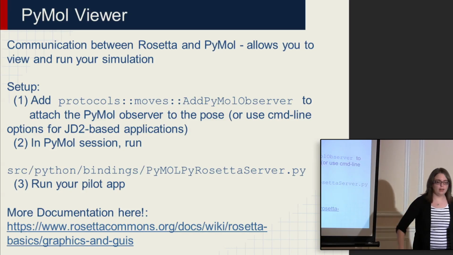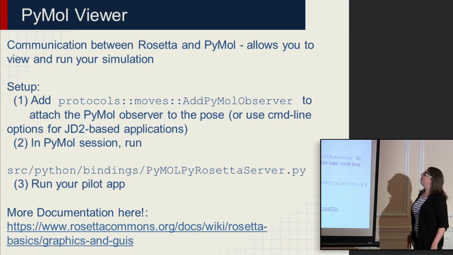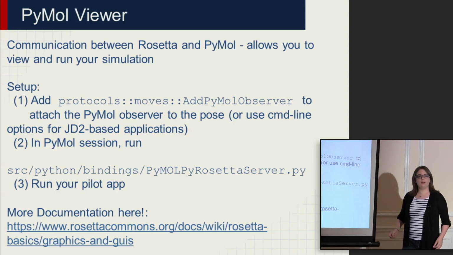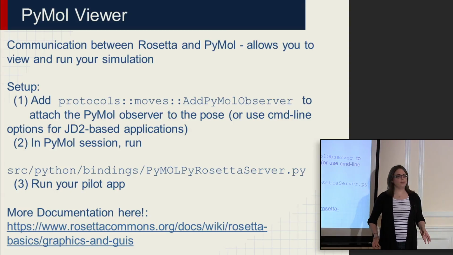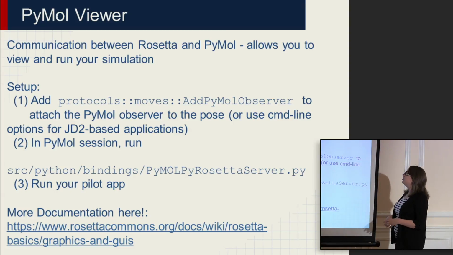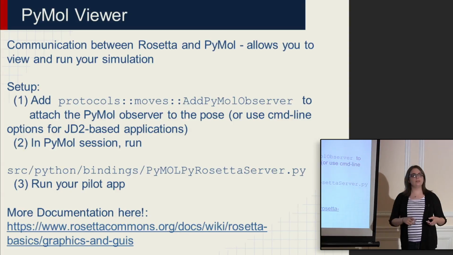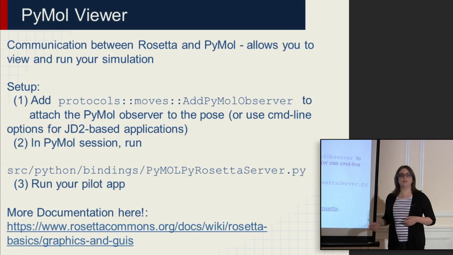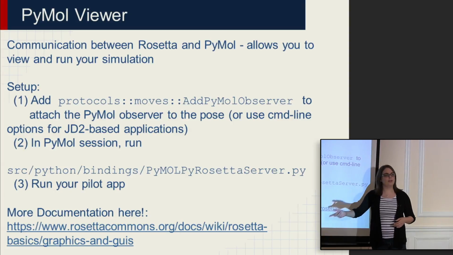And then finally, the thing that you'll be working with today is a cool utility in Rosetta called the PyMol Observer. You might have worked with it in PyRosetta before, but what you can do is add an observer to your pose so that when your pose updates, it will send the structure to PyMol, and you can actually view it as you're doing the simulation.